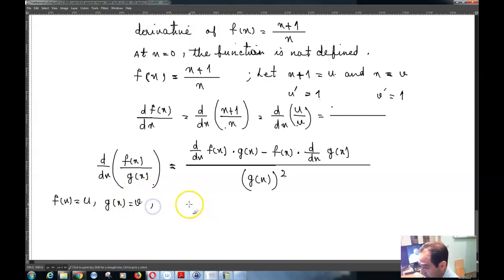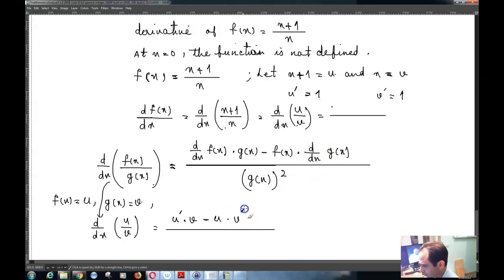v, then this becomes basically d by dx of u by v, which is equal to u prime times v minus u times v prime over v squared.